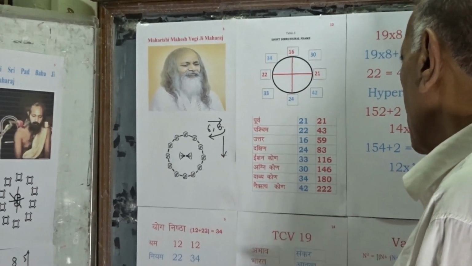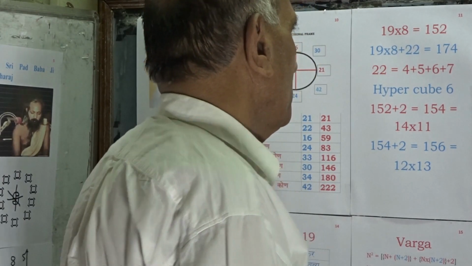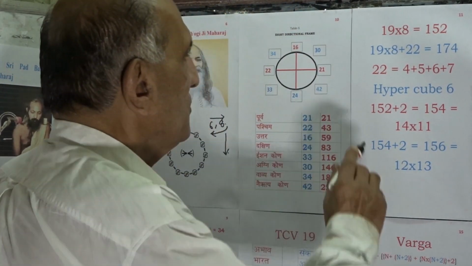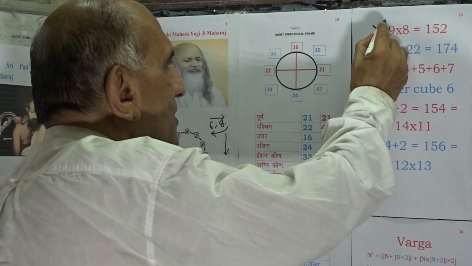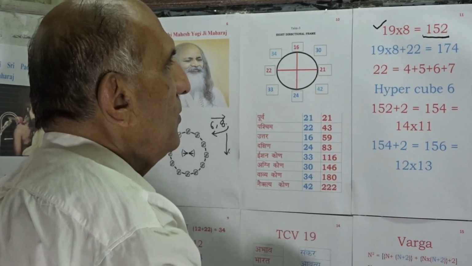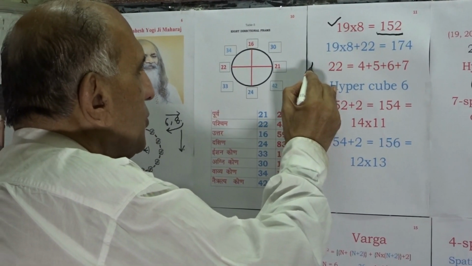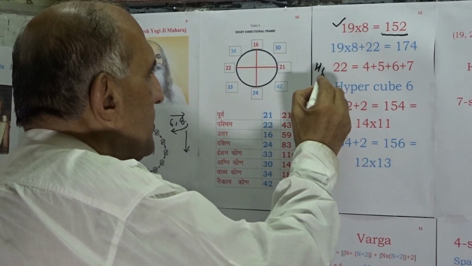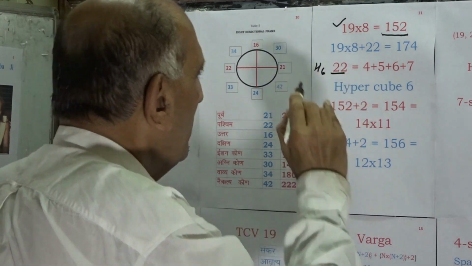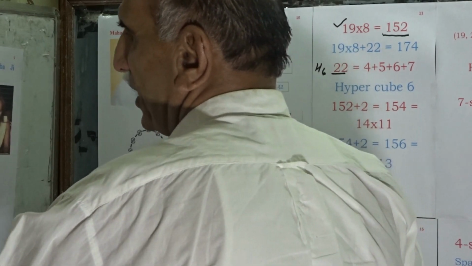It is here where we shall now start revisiting the value reached at 19 into 8 is equal to 152. Now this value 152 with hypercube 6 value 22, we had started from hypercube 3.